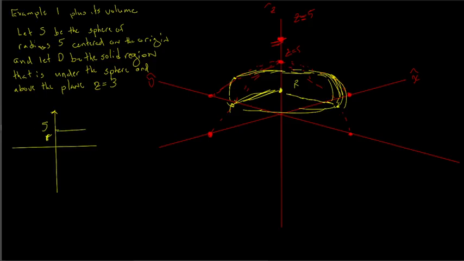As this comes down, there's a place where they intersect. This has a height of 3, and we need to find this intersection point. This is the radius here, and this is also the radius here, so that hypotenuse has a length of 5. That triangle is a 3, 4, 5 triangle. Even if we didn't have a nice 3, 4, 5 triangle, the Pythagorean theorem would tell us what this radius is. So we have a 4 here.